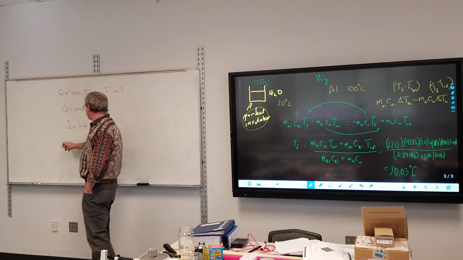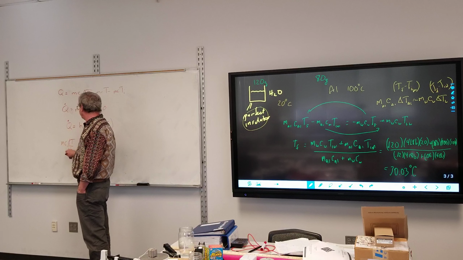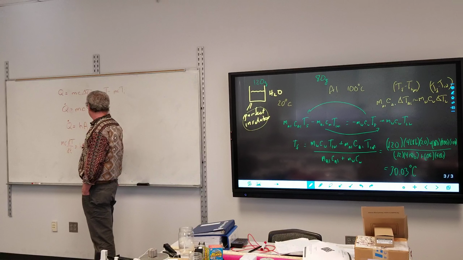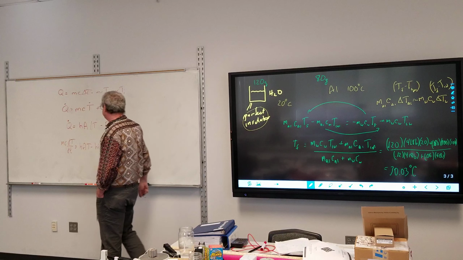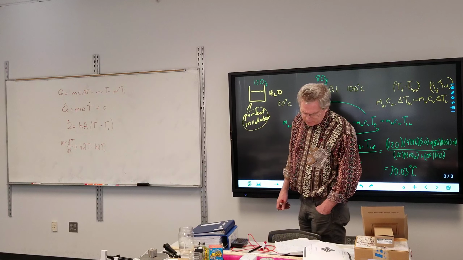So if I set them equal to each other, I get MC dT/dt is equal to HA T minus HA T_i. Let's make sure I don't get a minus sign in the wrong spot.